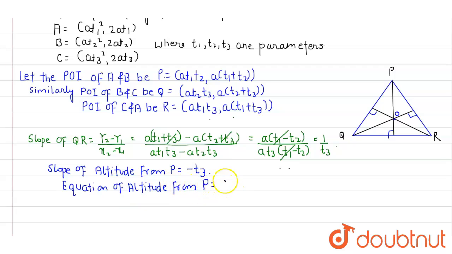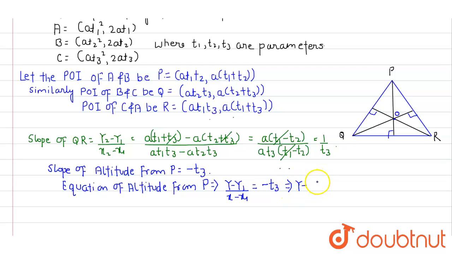We know its equation in generalized form is given by y minus y1 upon x minus x1 into the slope. Okay, slope we got as minus t3. So what is our y1 and x1? We just have to see.